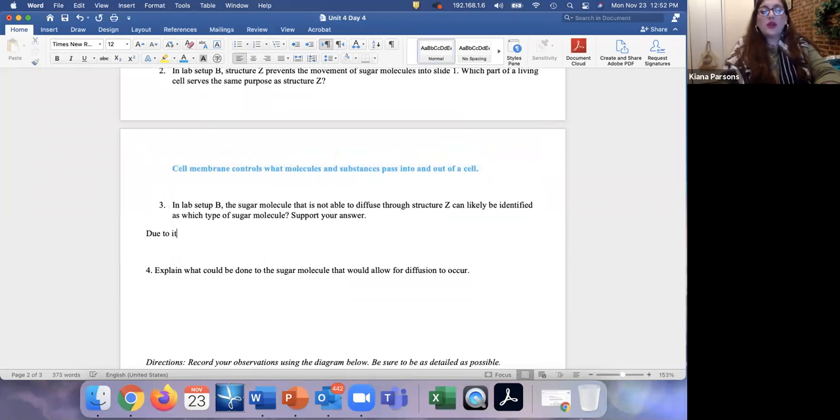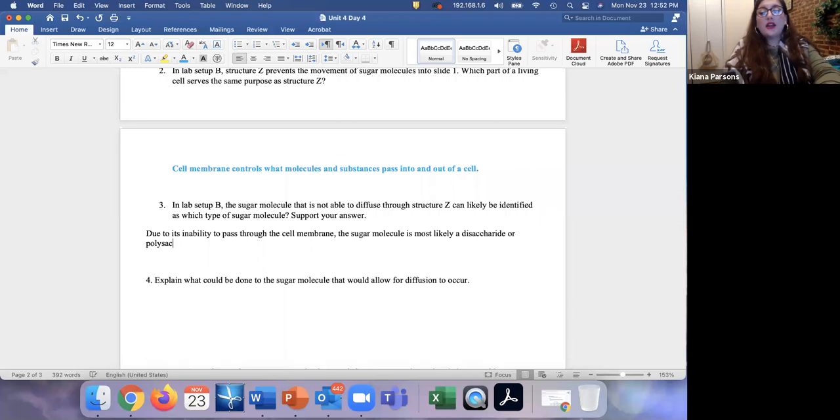So, due to its inability to pass through the cell membrane, I don't know what kind of disaccharide or polysaccharide would be sold in a sugar cube, but due to the inability to pass through the cell membrane, the sugar molecule is most likely a disaccharide or polysaccharide whose molecules are too large to pass through without first being digested.